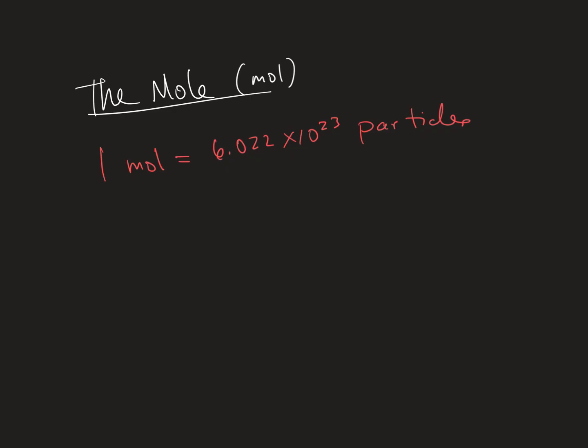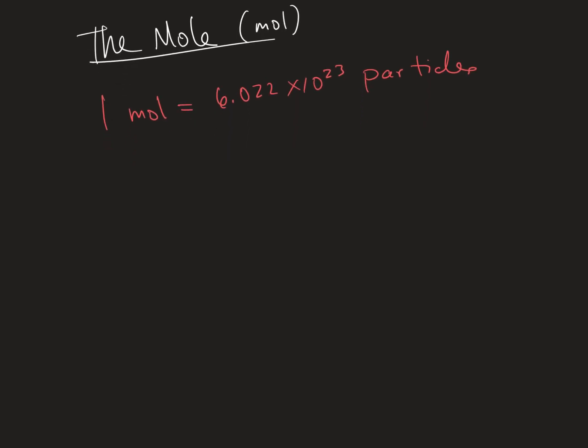So in real life, we probably won't ever care about how many atoms there are in a substance. We don't care. But I'm going to show you how to figure it out. But there's a reason we're going to go over this. And it'll make sense a little bit later on. Okay?